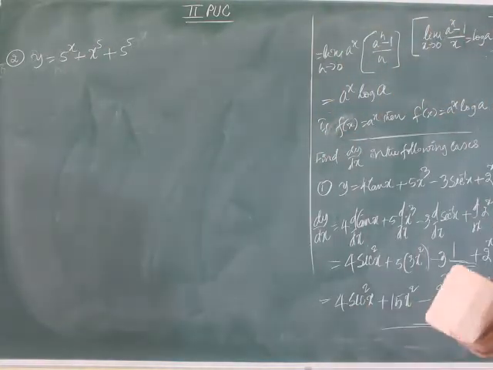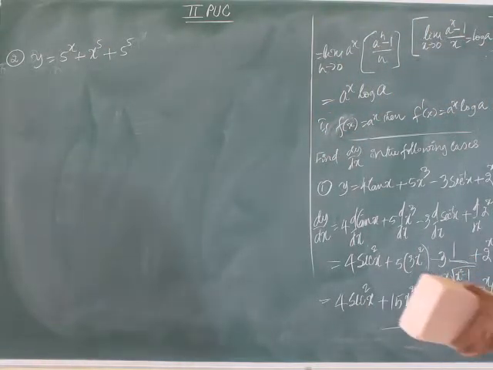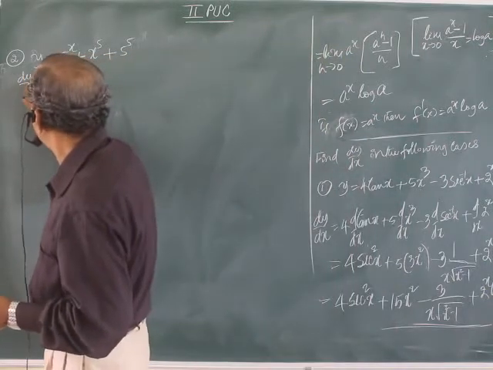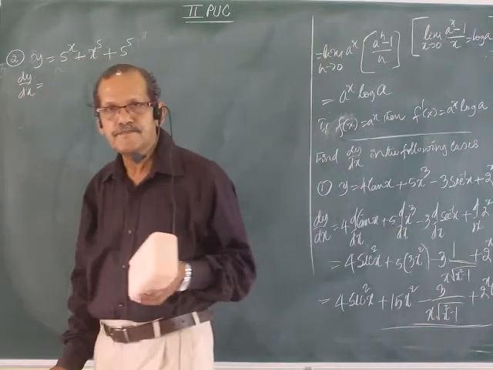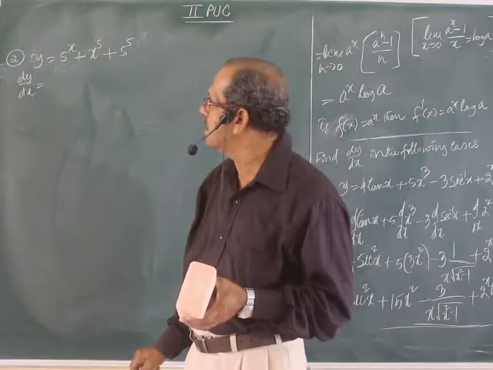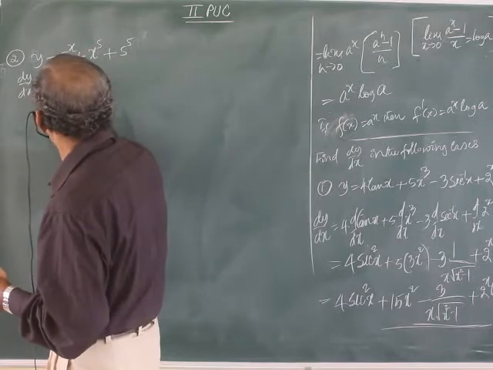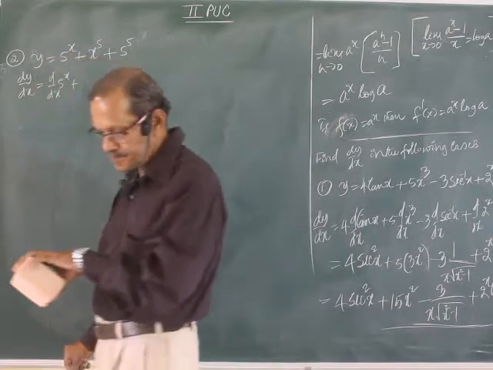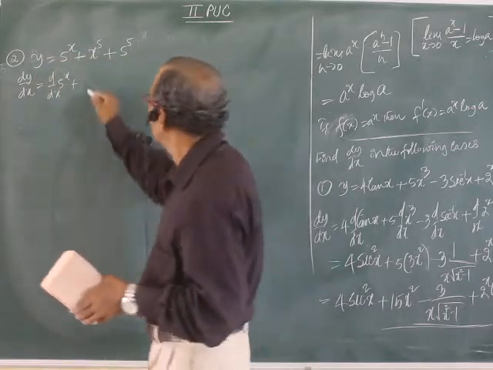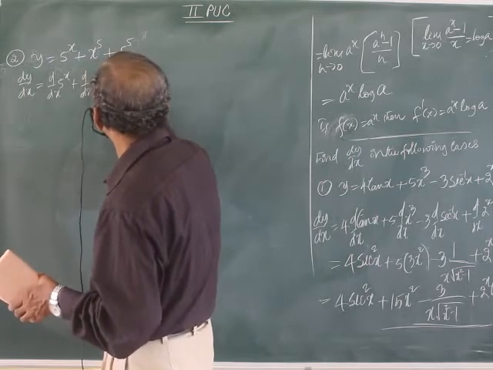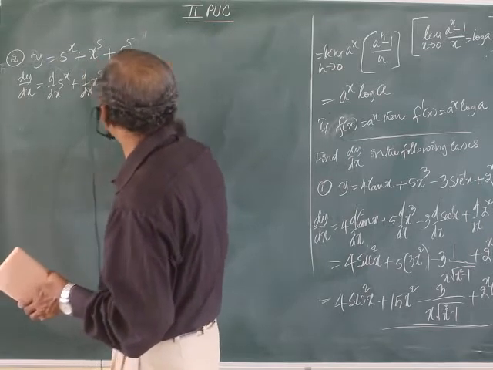Find the derivative of this function. dy by dx is d by dx of 5 to the power x, d by dx of x to the power 5, d by dx of 5 to the power 5.